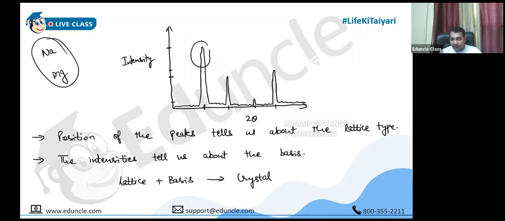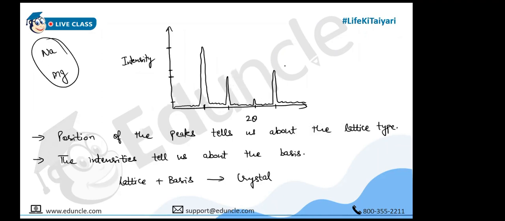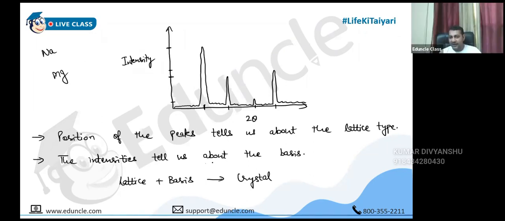Means, will there be a difference in the peaks for sodium and magnesium? Because the second point we have mentioned is that intensities depend upon the basis, and basis means atom or group of atoms. It means corresponding to different atoms, the intensities of the peaks will be different. Okay, clear? So this way you can make the answer by using these 2 points.